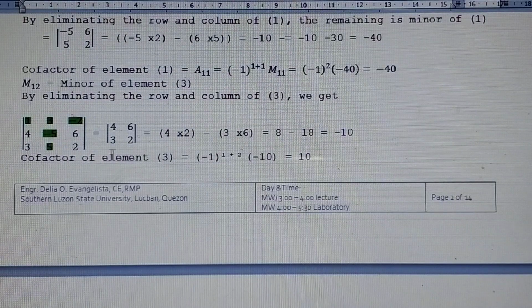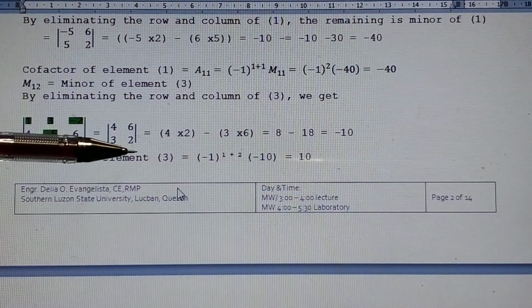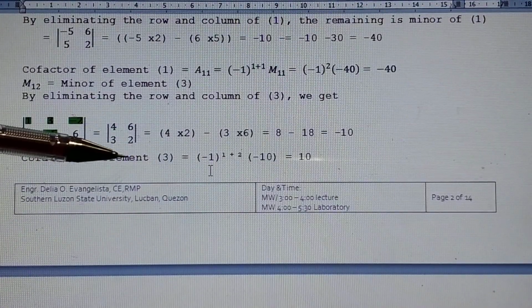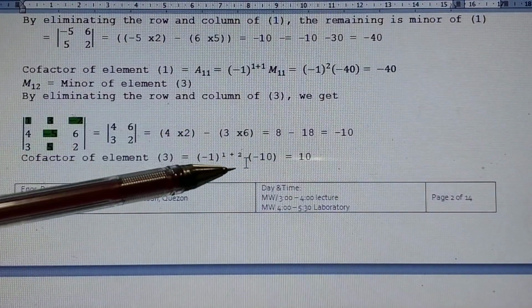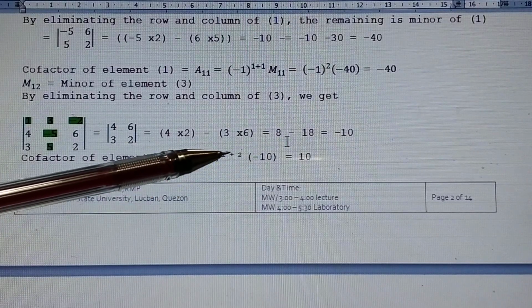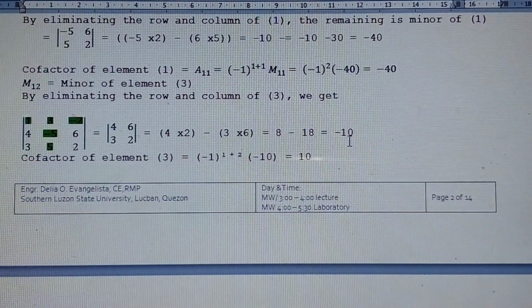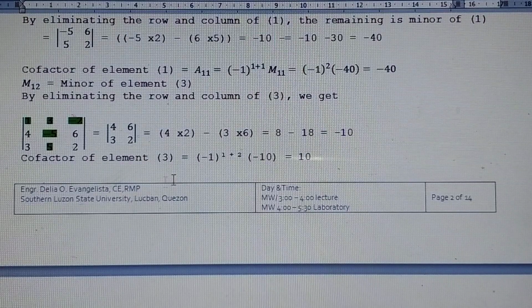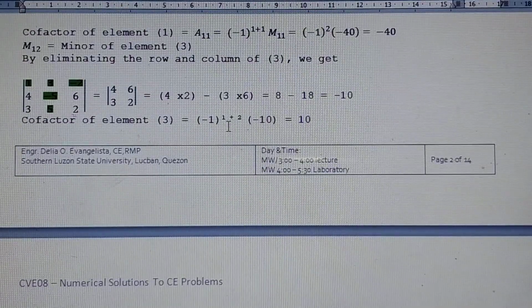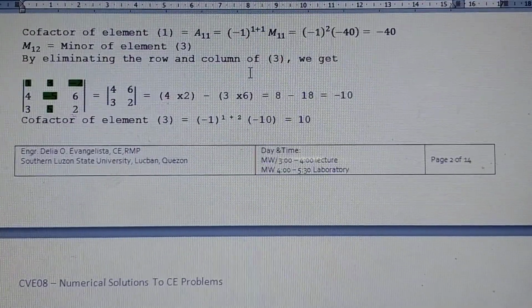Kaya yung walang color, yun ulit ang kanyang minor. Kaya ito ay 4 multiply by 2, going down, positive, going up, minus 3 multiply by 6, that is 8 minus 18, that is negative 10. Then yung cofactor niya, ayun, positive 10. Kasi sinundan lang natin yung kanyang formula.